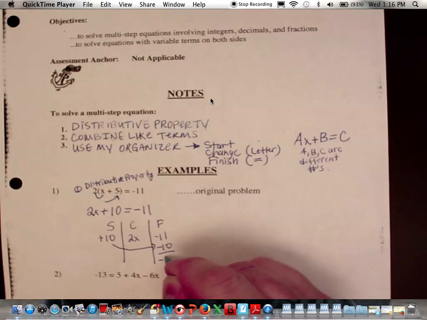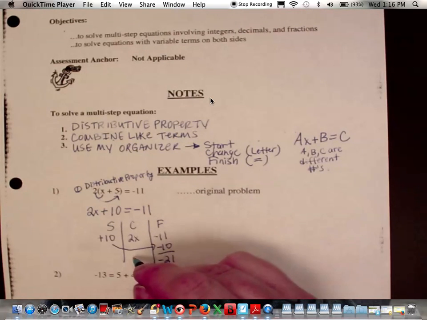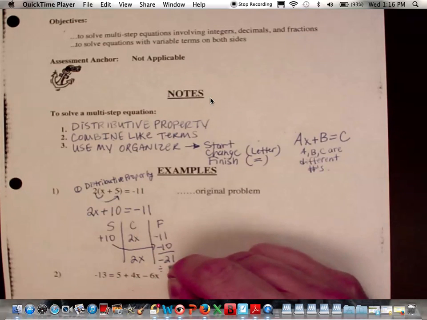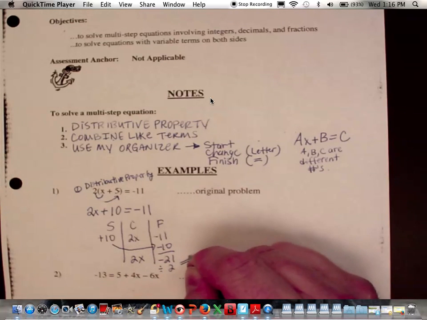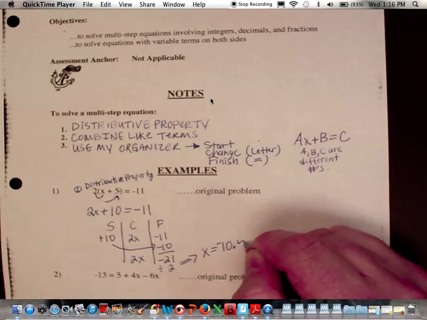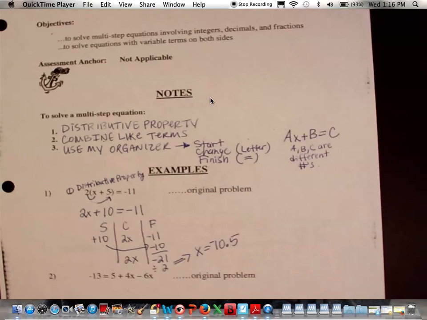I'm going to get negative 21. And this is 2x. The opposite of times is divide. And X is going to be negative 10 and a half on my calculator. That would be my answer.